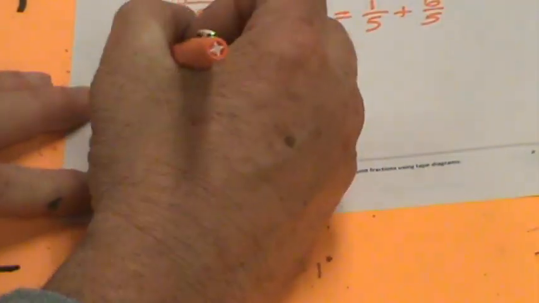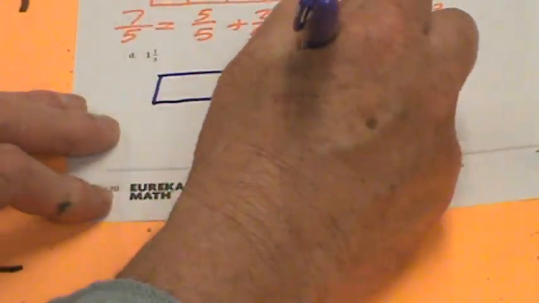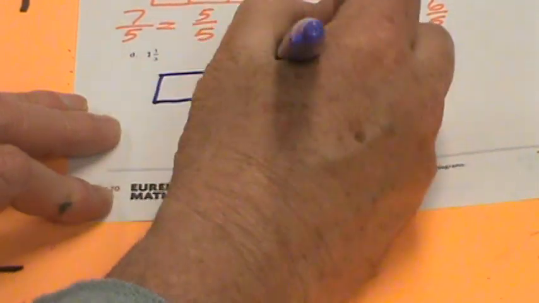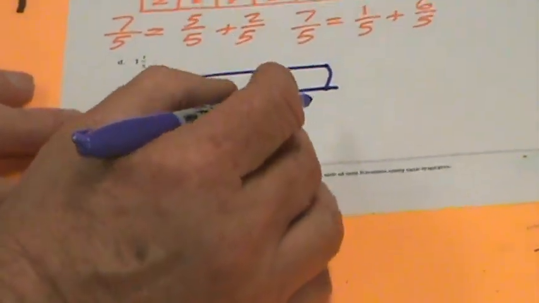Okay? Our next one is a mixed number. It's 1 and 1/3. So we're talking about thirds. Okay, let's do this. I'm going to get out my big pens. Let's make our 1 first. Our 1 needs to be made up of thirds, right? Because it's 1 and 1/3. So let's go 1, 2, and 3. There's my 1. 1/3, 2/3, 3/3, 1.